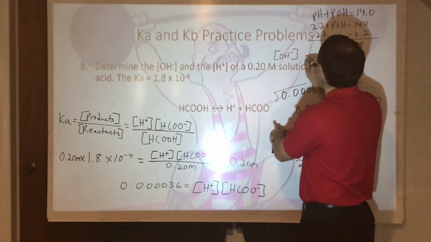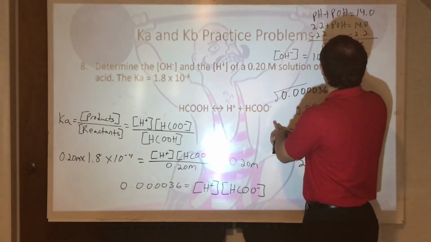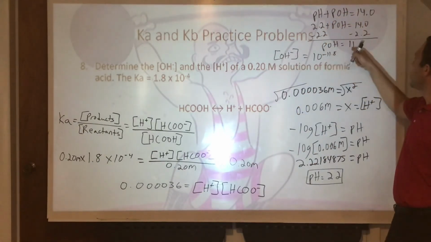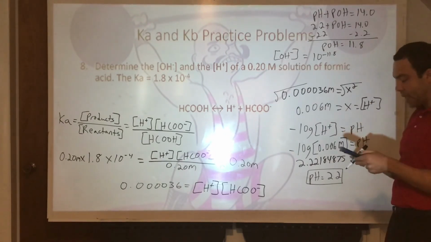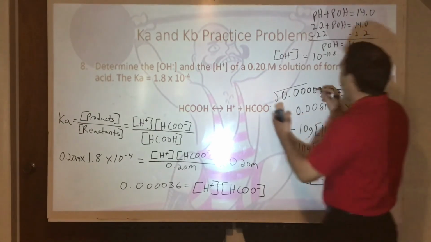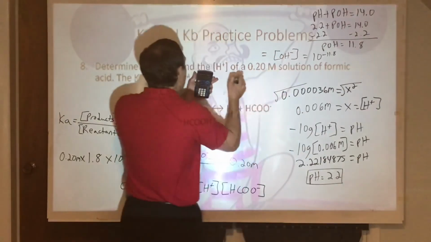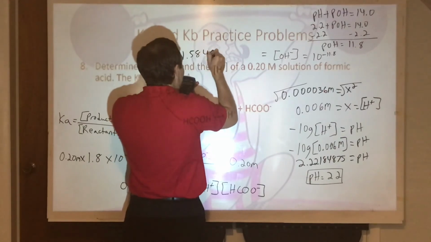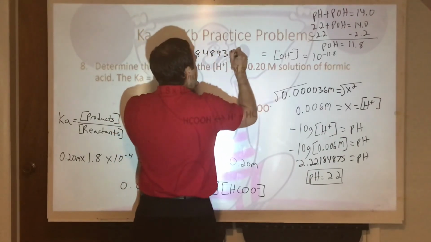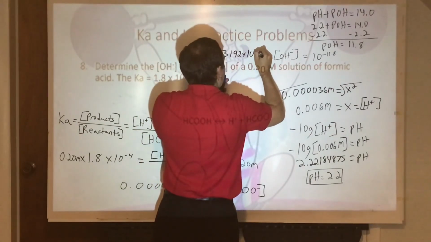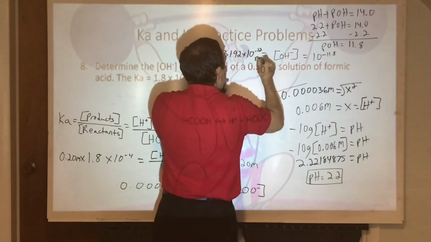Now, to find the OH minus ion concentration, the OH minus ion concentration is going to equal 10 to the negative 11.8, 10 to the negative pOH. So if we do that, 10 to the negative 11.8, we get a hydroxide ion concentration of 1.584893192 times 10 to the negative 12th molar.